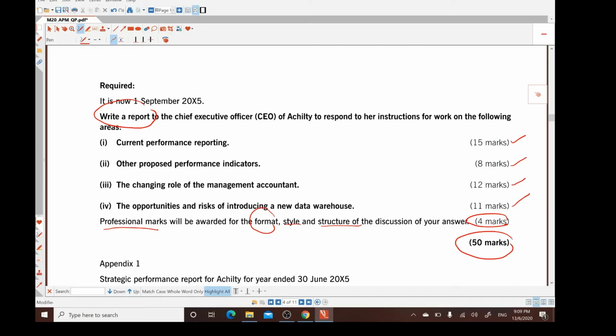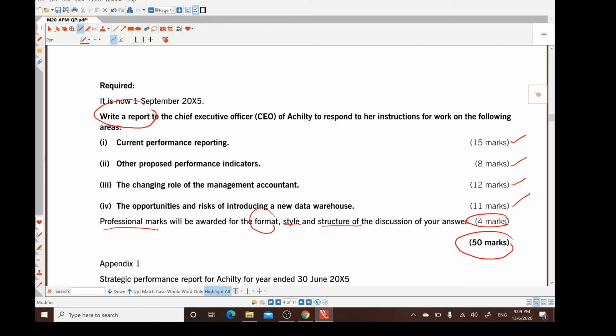Great. Now, of course here, let's see the requirements, such as to evaluate the current performance reporting, and that's one of them. Number 2, the other proposed performance indicators, that could be another one. Now, the changing role of the management accountant. If you wish to know more, then you can figure it out with me in the normal course.